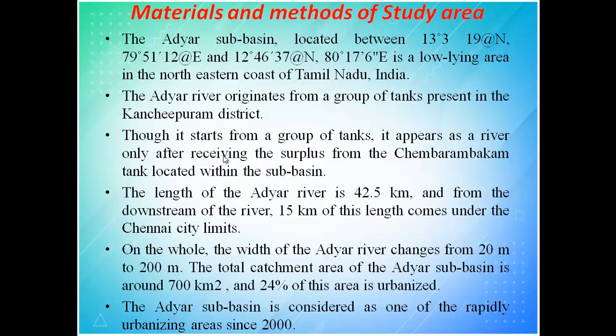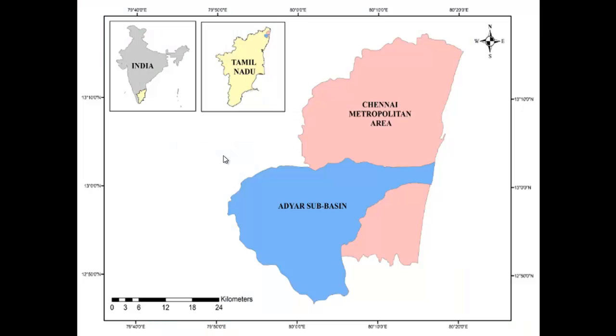The Adayar sub-basin is considered one of the rapidly urbanizing areas since 2000. So we are trying to close it. This is the Adayar sub-basin, Chennai metropolitan. This is the region which comes under Chennai metro. Out of this total, around this region comes under the Chennai metropolitan area.